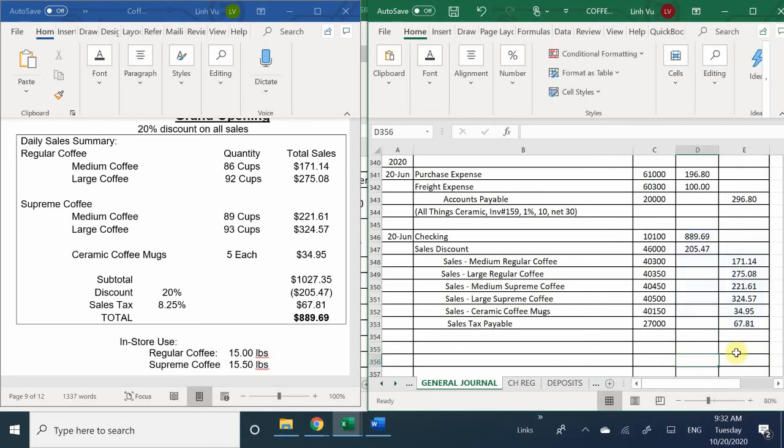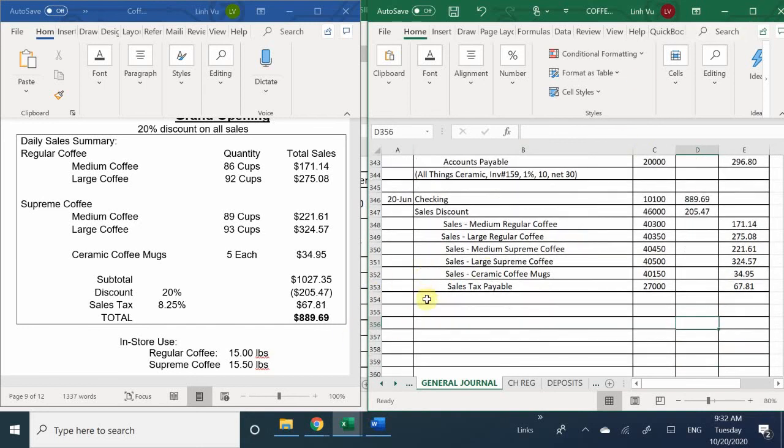Okay. Any comments or anything on this? What note am I going to make on here? In-store sales, 20% discount.